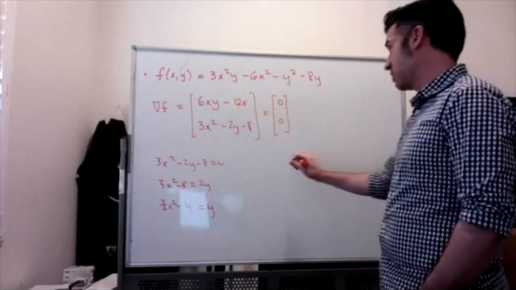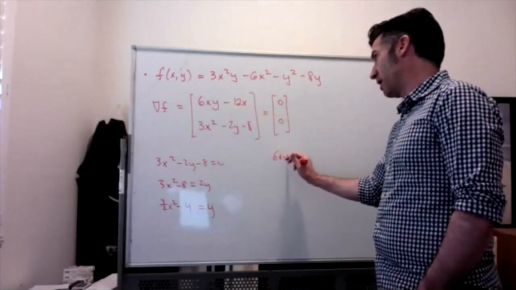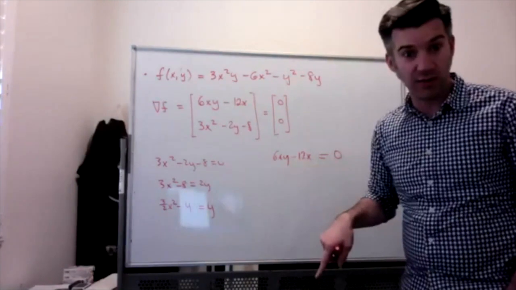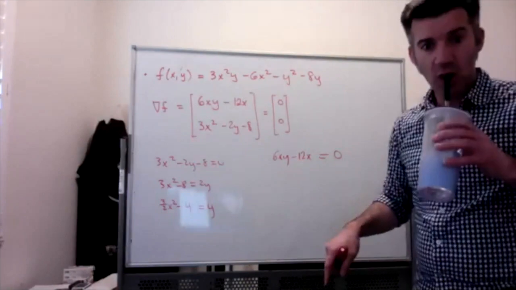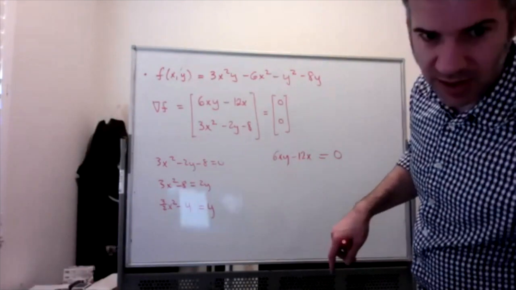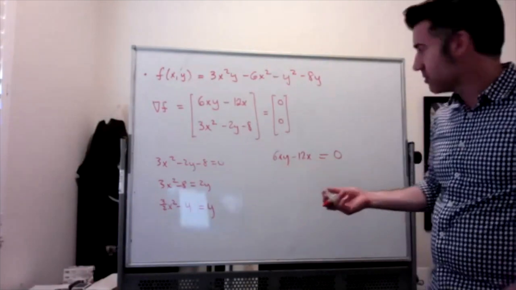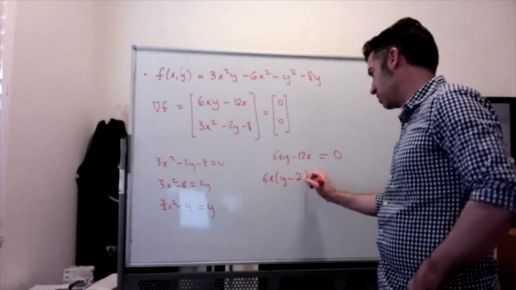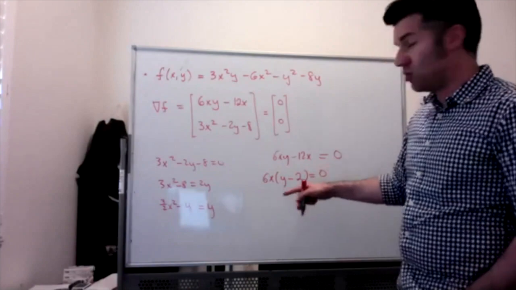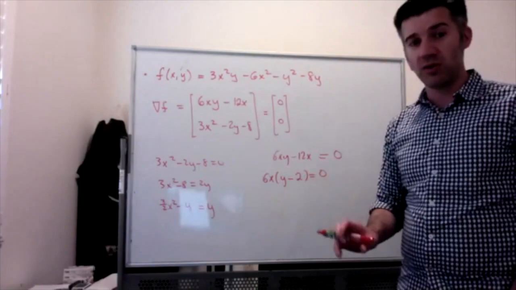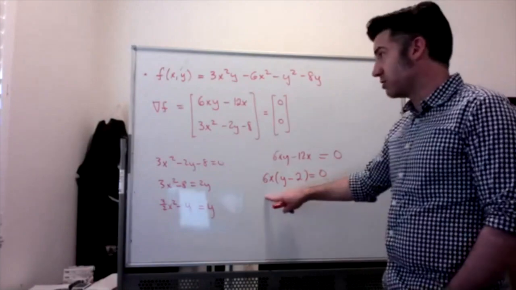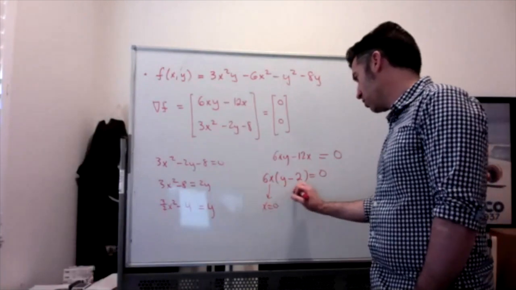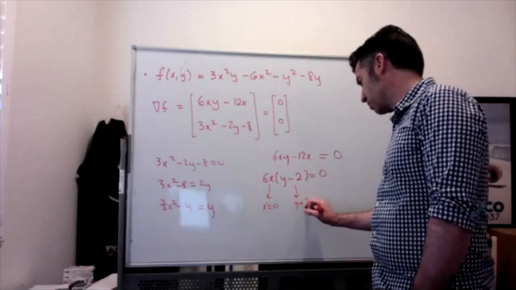If you take that first equation, 6xy minus 12x, set it equal to 0, what can I factor out? It's okay, Zach. 6x. Right, we got to practice. So 6x times (y minus 2) equals 0. And then you have 2 possible solutions: either x equals 0 or y equals 2.